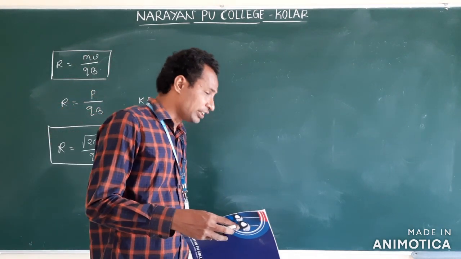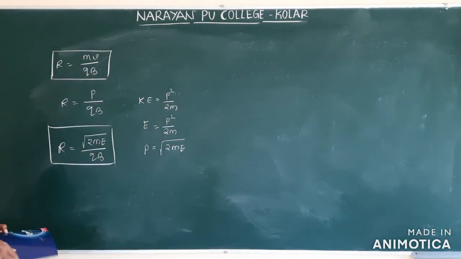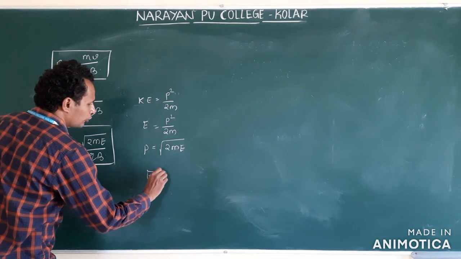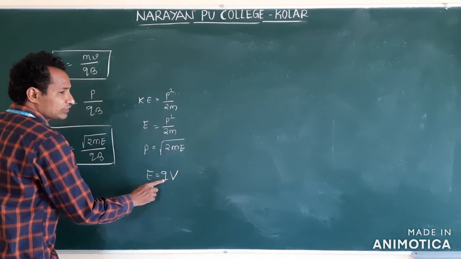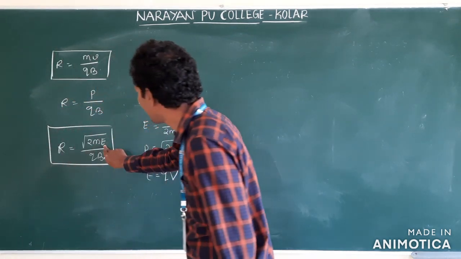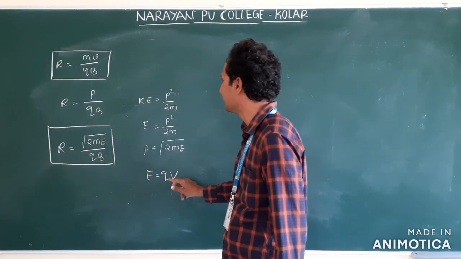Next, energy in terms of potential also we sometimes get. If the charged particle is accelerated through a potential difference V, what is the energy? E is equal to QV, where Q is the charge and V is the accelerating potential. Then instead of E, substitute QV.